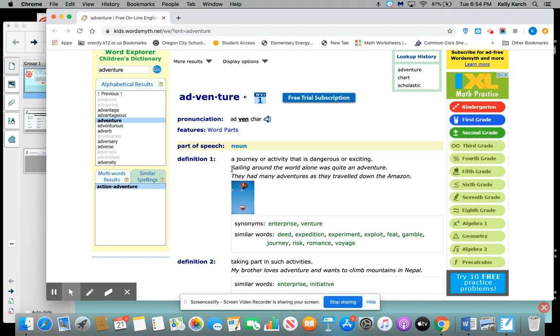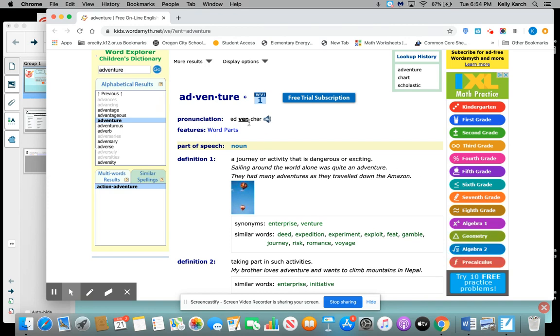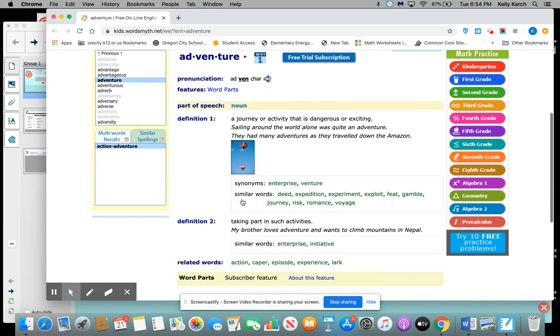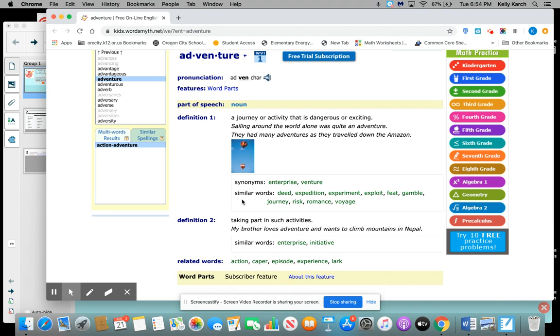I want you to notice that they also include sentences in which they use the word, and those sentences are written in italics. If you want to build your vocabulary beyond these words, you can look at the synonyms or other words that mean about the same thing as your target word or some similar words.